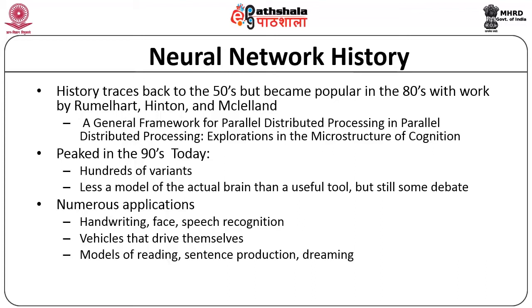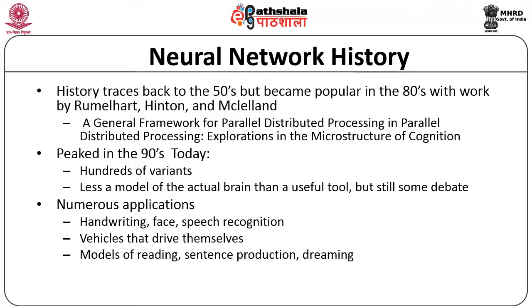Actually speaking, neural networks started as early as the 1950s, but became very popular only in the 1980s. Initially, a framework was created for parallel distributed processing, used for exploring the microstructure of cognition, and this was created by Rumelhart, Hinton and McClelland in the 1980s.